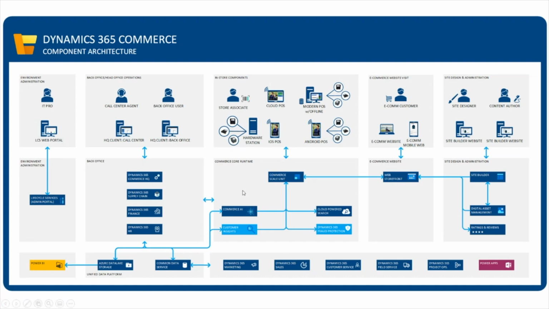This gives you a high-level overview of which components are involved in the system architecture and what our primary management plane is. So right now, our primary management plane is in the lifecycle services portal, but over the coming iterations, you will see us align more and more towards the Power Platform Admin Center.